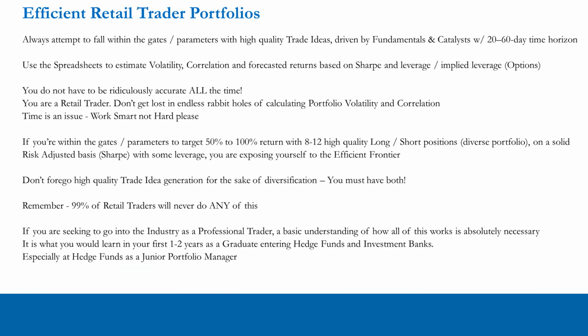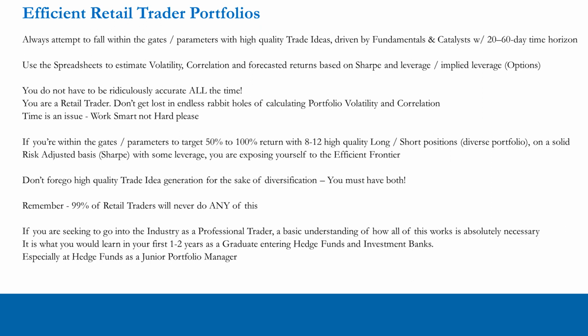Now, in terms of efficient retail trader portfolios, you absolutely always have to remember not to forego the quality of your trade ideas. So you should always attempt to fall within the gates or parameters of efficient retail trader portfolios, but with high quality trade ideas driven by fundamentals and catalysts within the 20 to 60 day time horizon.